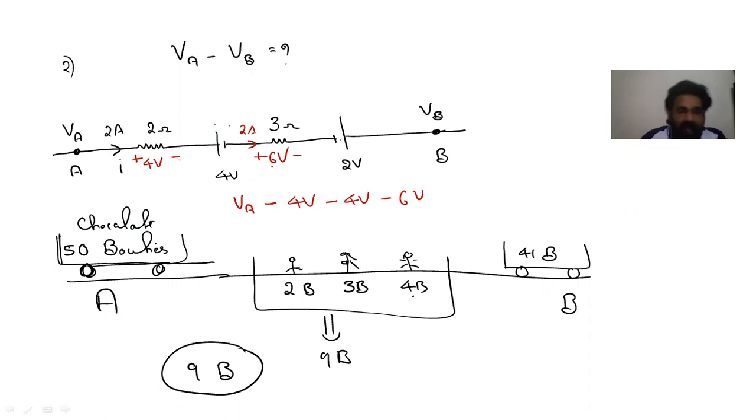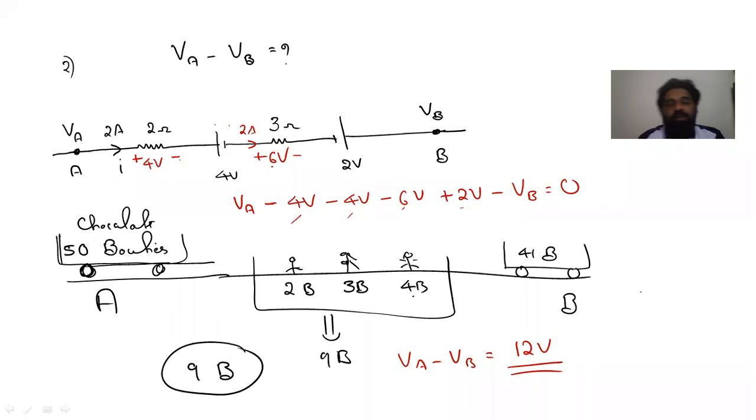Here the battery is connected minus to plus, so I take plus 2 volt, minus VB is equal to 0. So now we get VA minus VB equal to 4 plus 10, 14, minus 2, 12. This is going to be 12 volt. So the potential difference between point A and B is 12 volt.